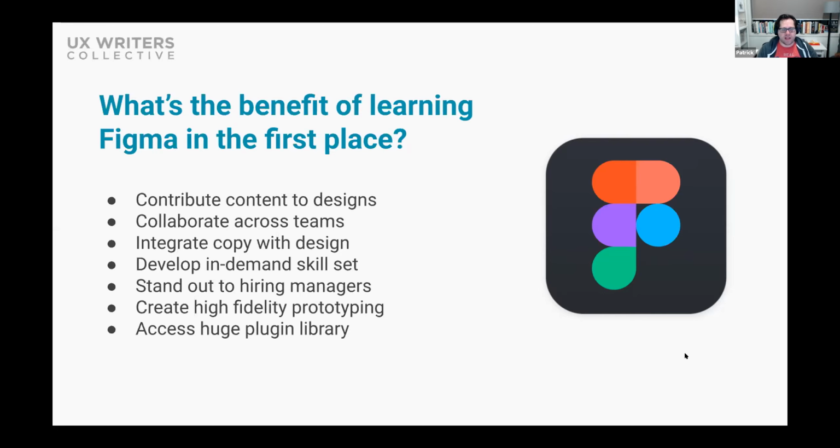And lastly, but not least, there's a huge plugin library for Figma, which allows you to add heaps of different features, and quite powerful features, actually, including some that will let you manipulate and store text.